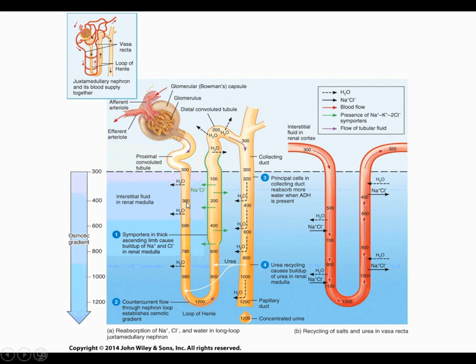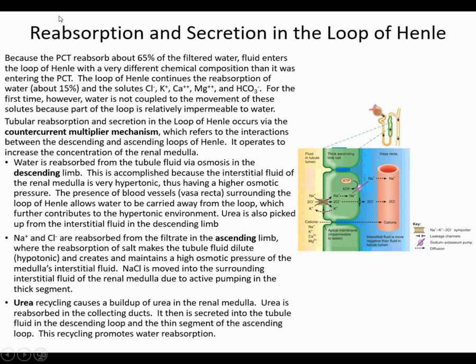Those two limbs affect one another. Specifically, what we're doing here affects this limb. For that reason, we call this a countercurrent multiplier mechanism. And this helps to increase the concentration of the renal medulla. Renal medulla, remember, is the middle part of a kidney, which is where the loop of Henle is predominantly found.